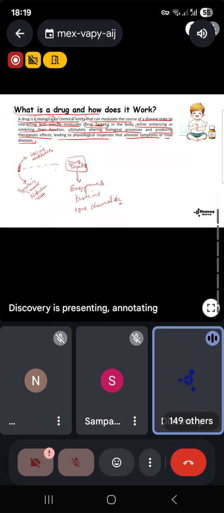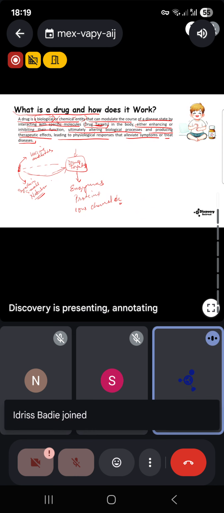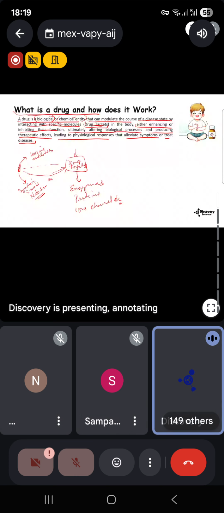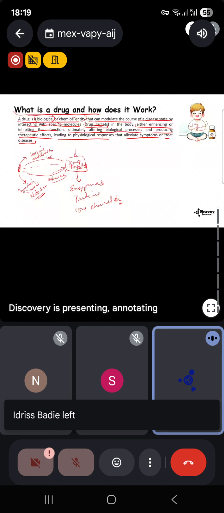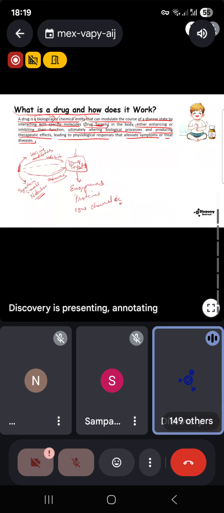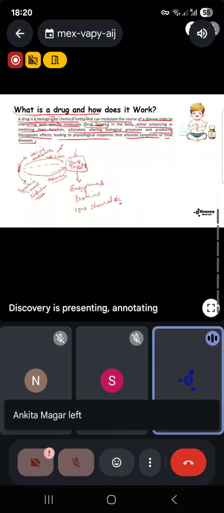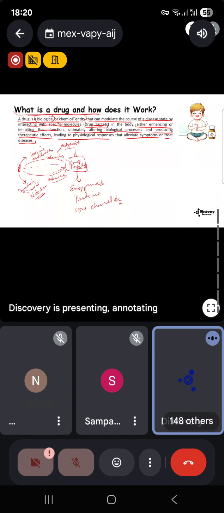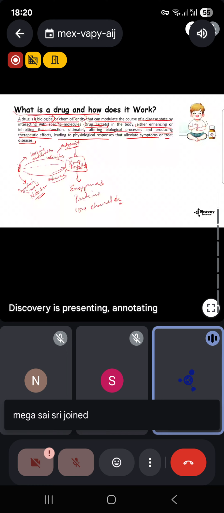When they interact, they can manipulate the function of this drug target by either enhancing the function of this drug target, or inhibiting the function of this drug target. When you inhibit, this drug molecule will be called an antagonist.